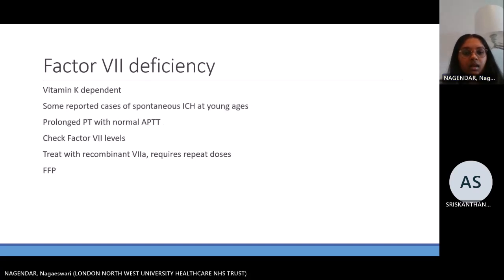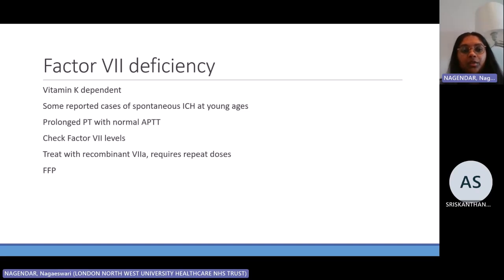Okay. You can also get factor 7 deficiency. Now, factor 7 is one of the vitamin K dependent factors. If we just think about what other factors are vitamin K dependent, it would be factor 10, factor 9, factor 7, factor 2. Okay, so there are some reported cases of spontaneous intracranial hemorrhages at young ages. These patients will often have prolonged PTs but have a normal APTT.